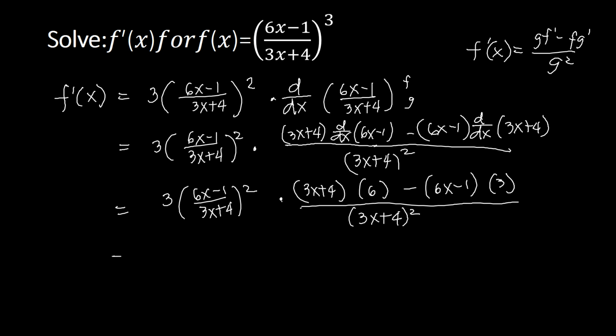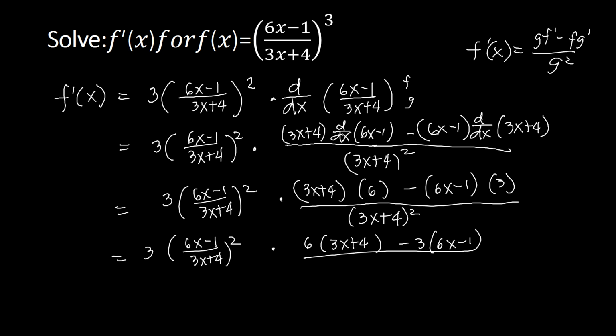In the next line, we have 3 times 6x minus 1 over 3x plus 4 squared, times 6 times 3x plus 4 minus 3 times 6x minus 1, all over 3x plus 4 squared. We may go for simplifying this further, because once we square this, what we will be doing is squaring the top and bottom parts.